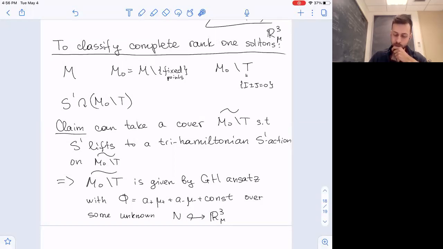Okay. So we want to travel this path backwards.